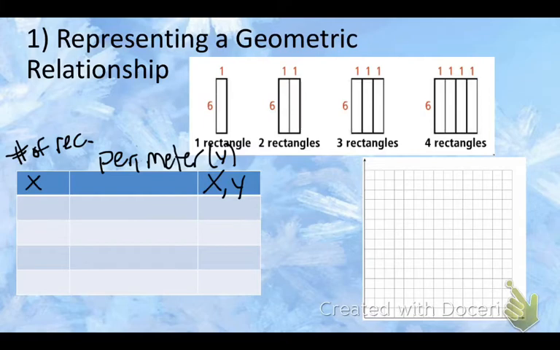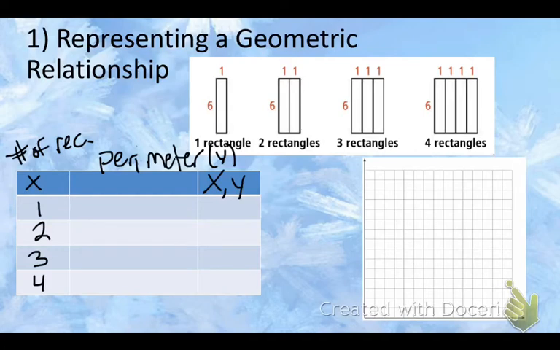If x is the number of rectangles and y is the perimeter, I know that I am looking at 1, 2, 3, and 4 rectangles, but how can I use that to find the perimeter? Well, to find the perimeter, add up all the sides.